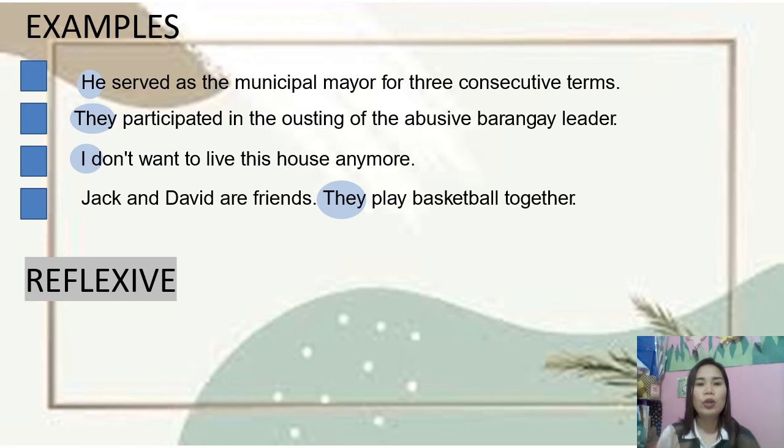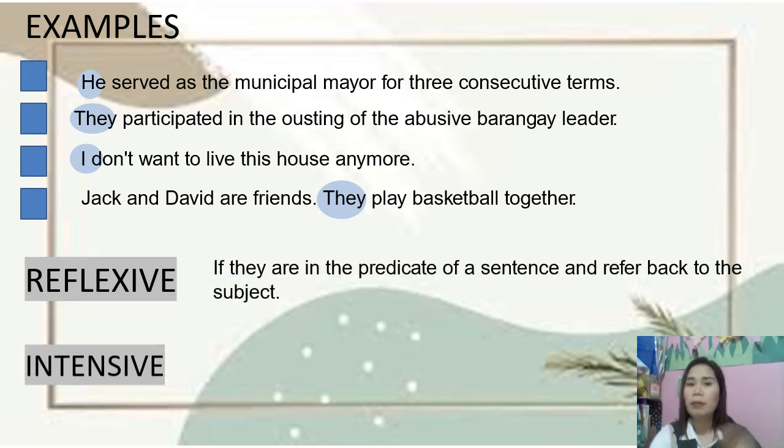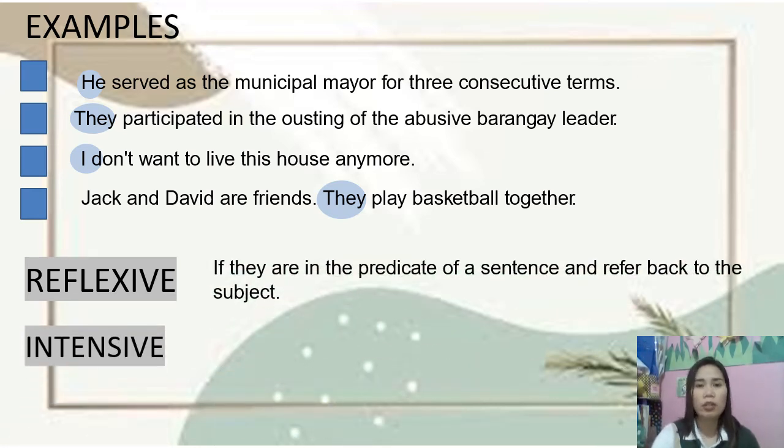Alright, so we also have compound forms of personal pronouns. We have the reflexive and the intensive. In my previous lesson, we already talked about reflexive and intensive. When we say reflexive, they are in the predicate of a sentence and refer back to the subject. So reflexive only refers to the subject.